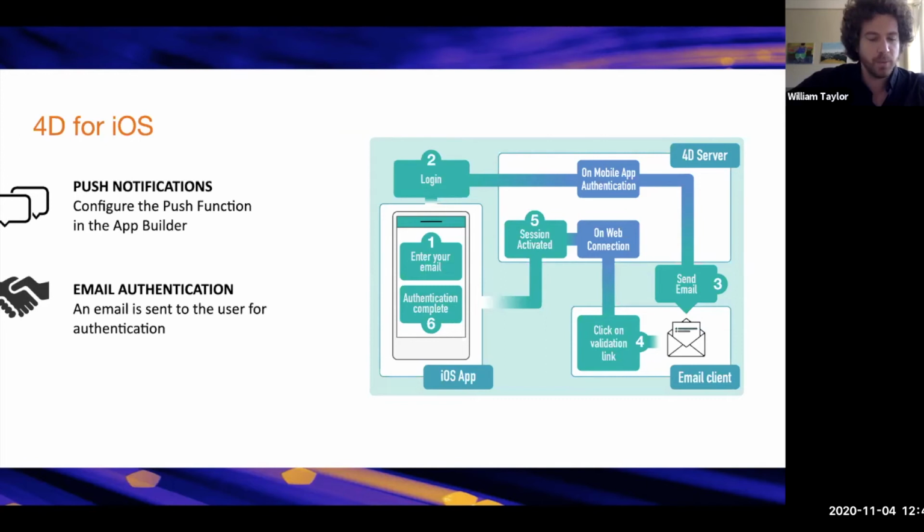And the way that works is when your end user downloads your application and logs in, they have to put in their email, and an email is sent to their email.